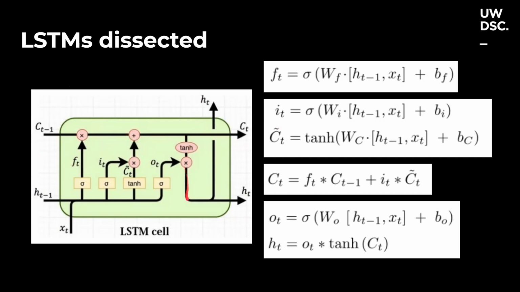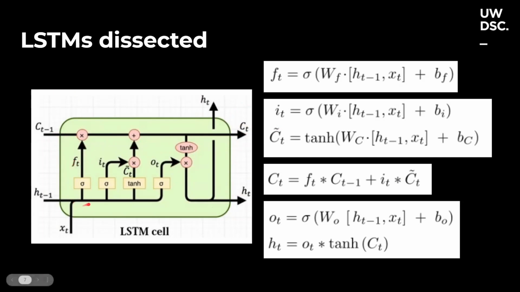So the information goes a long way without a lot of modification. That's why they are better at looking at long-term information. I will talk about what these mean later.